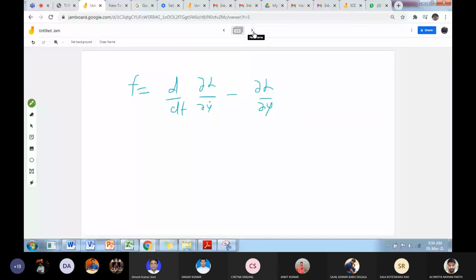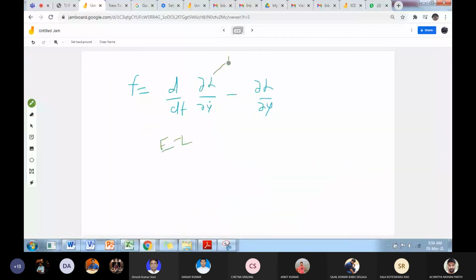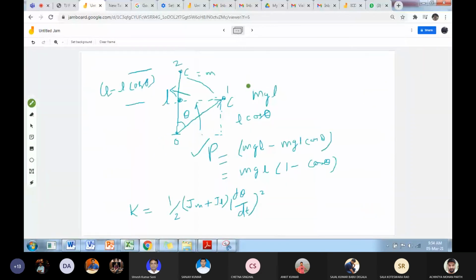Okay, so this is the final Euler-Lagrange equation, where L is Lagrange, and now we have determined potential energy and kinetic energy for this link. Link has a center C here.